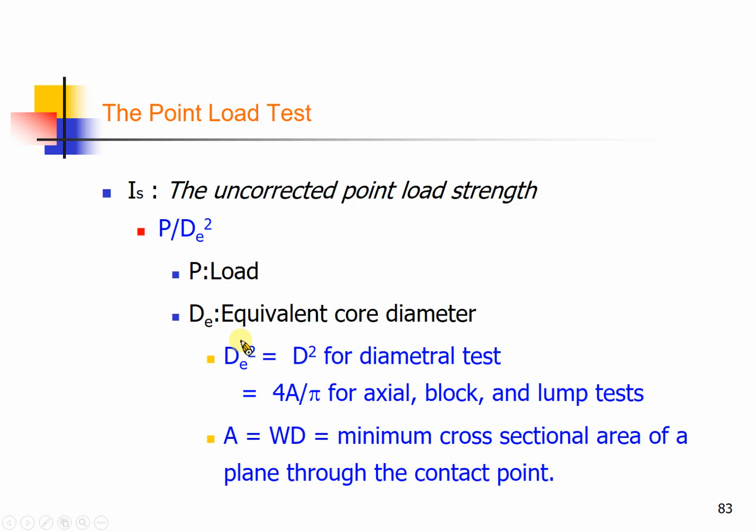The only thing is, if you have an irregular shape, it's not circular, you don't really have the diameter. So you have to calculate the equivalent diameter. The equivalent diameter comes from the area when the rock is broken into 2 pieces. You will have the area, and you imagine it to be a circle. So you can calculate the equivalent diameter. So that will be the way to make the calculation.